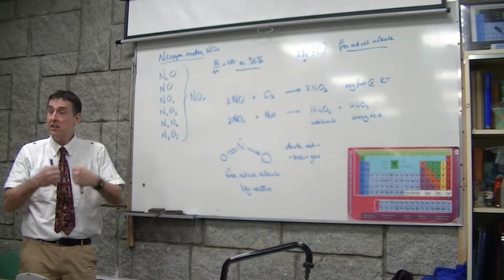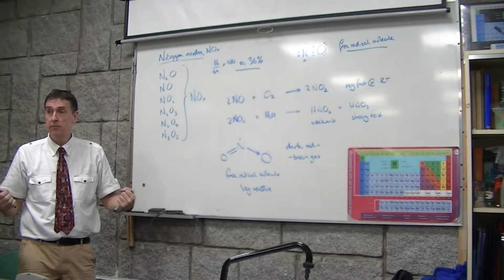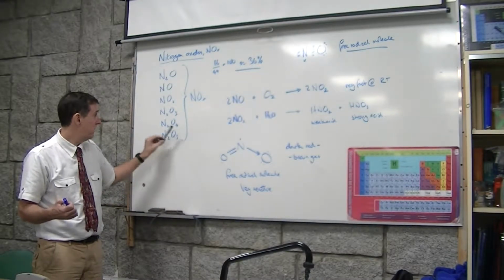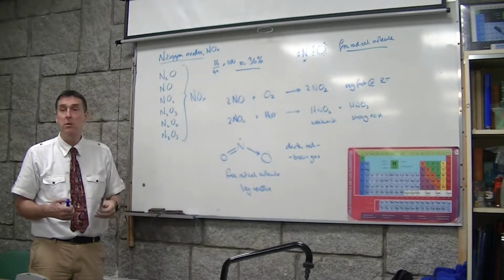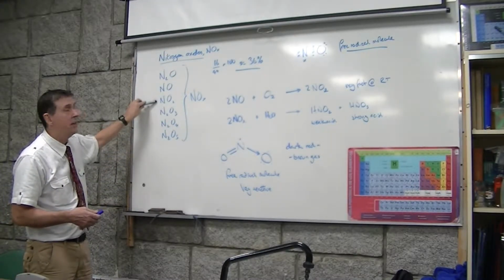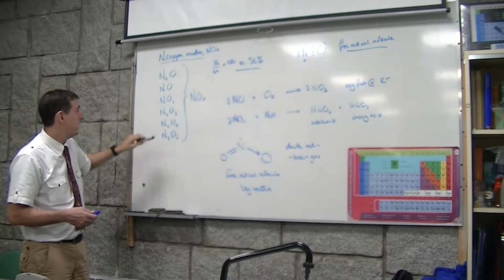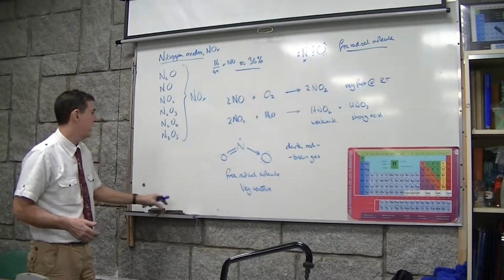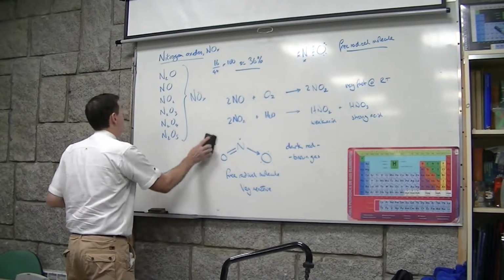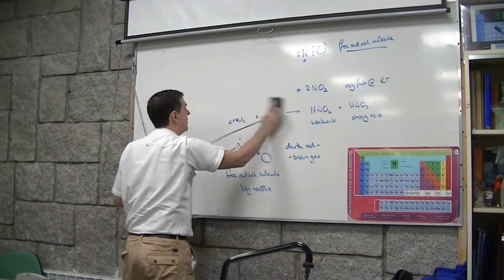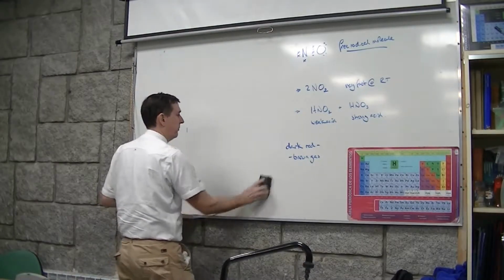But they easily break apart at slightly elevated temperatures, so N2O4 is in equilibrium with 2NO2. So effectively, when we deal with N2O4, we're dealing with NO2. N2O5 is not that common; we're going to gloss over it. So how do nitrogen oxides in general get into the atmosphere?